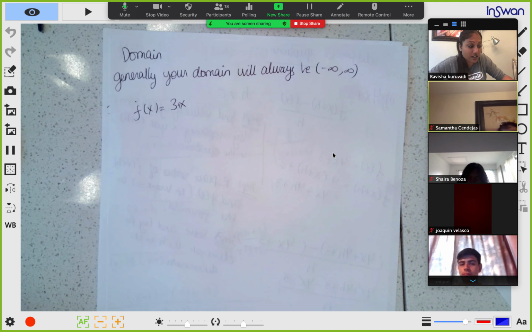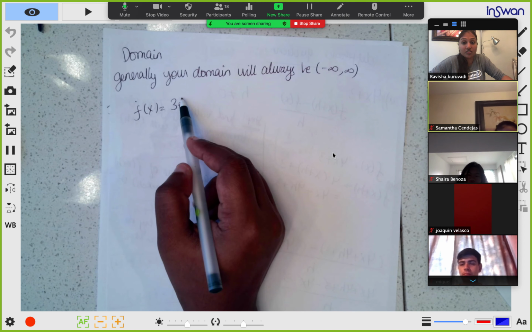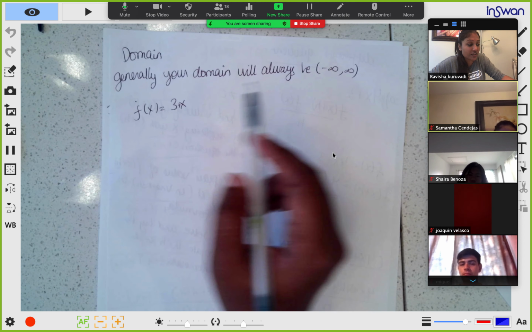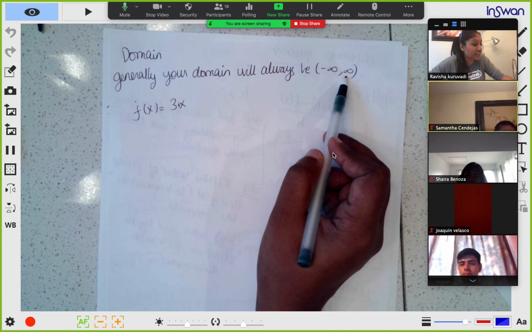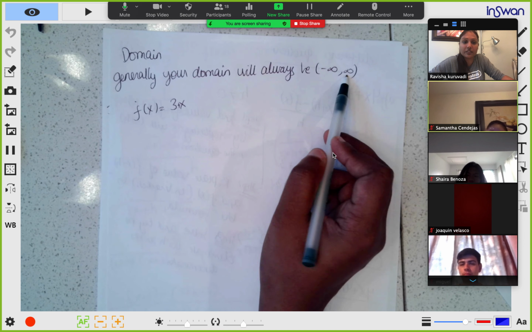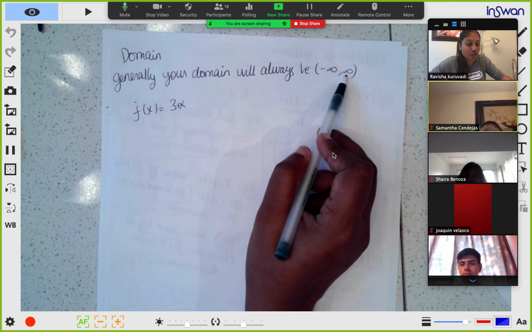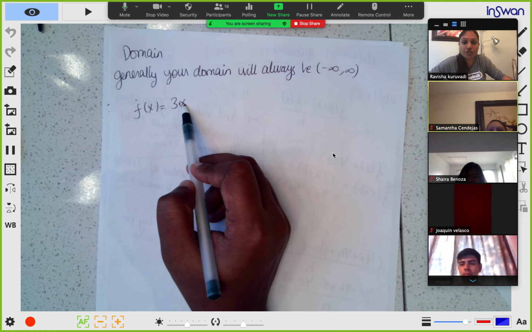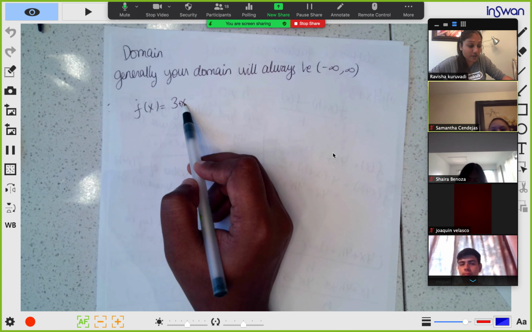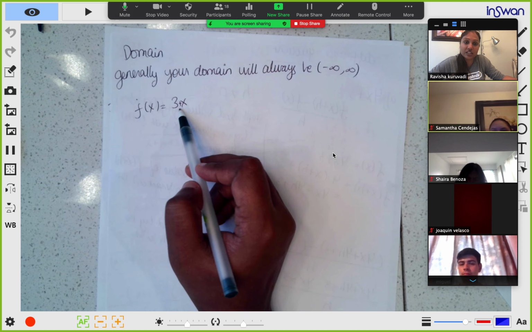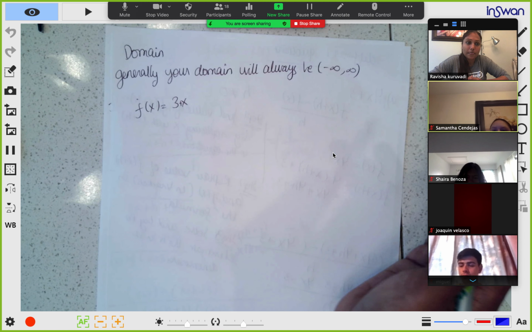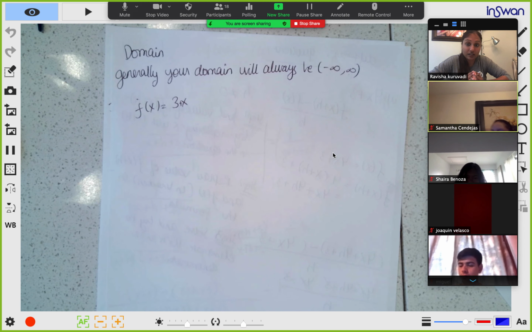So my domain becomes minus infinity to infinity. That means it could be any number between minus infinity and infinity. So the domain for this kind of function is negative infinity to infinity. Any doubt with what is domain?